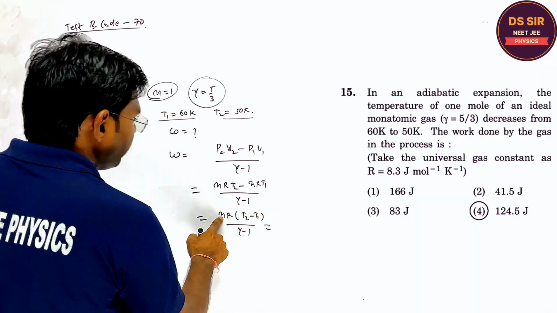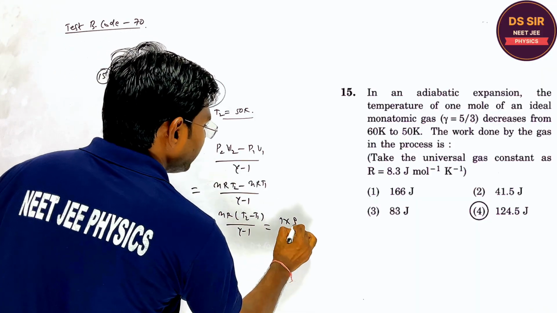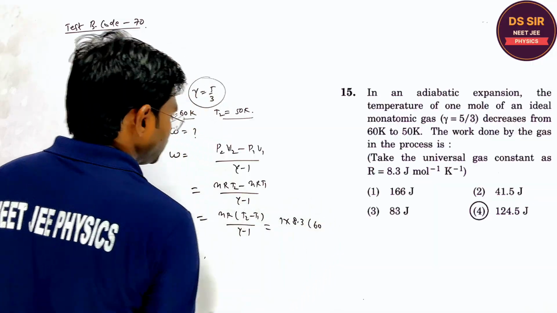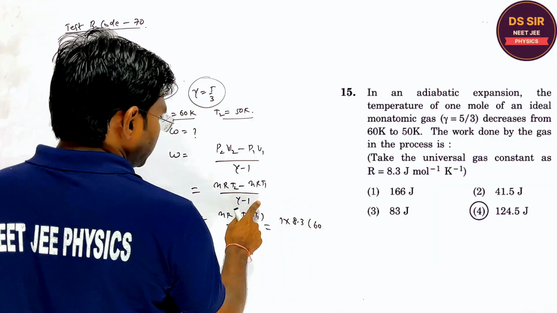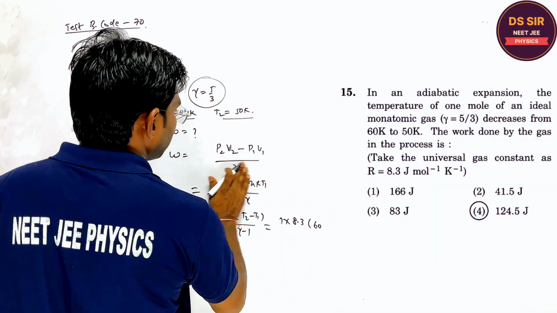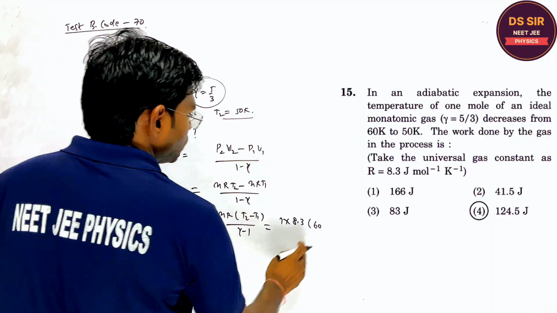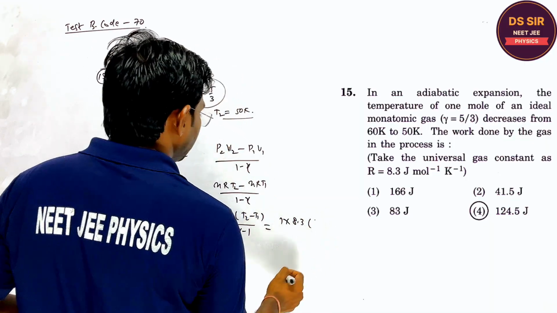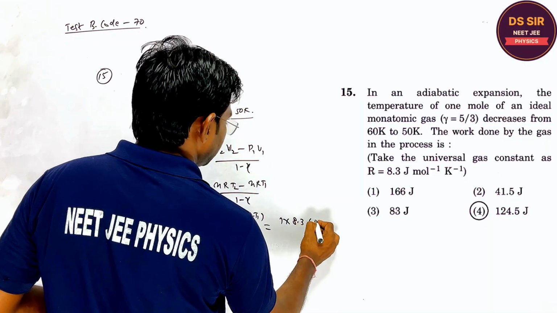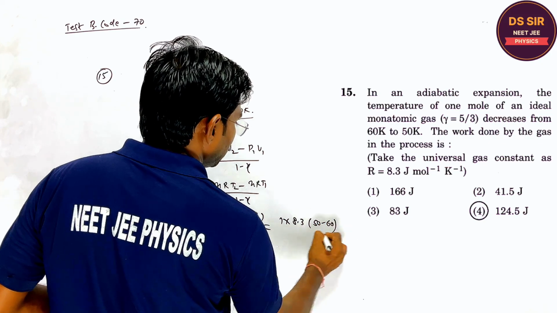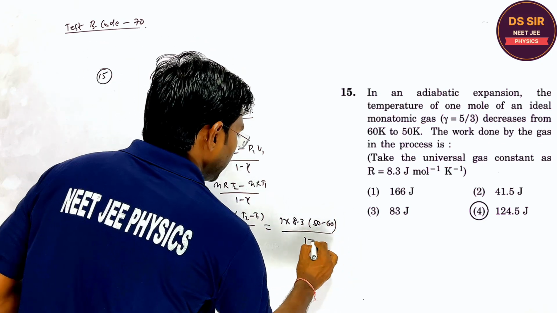Now you can put the values: the number of moles is 1, the R value is given 8.3, and the temperature, T2 is 50 minus 60, upon 1 minus 5 by 3.